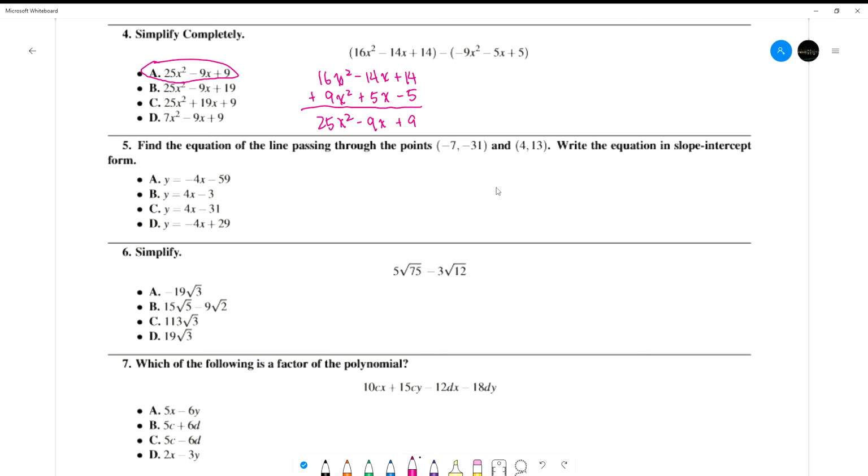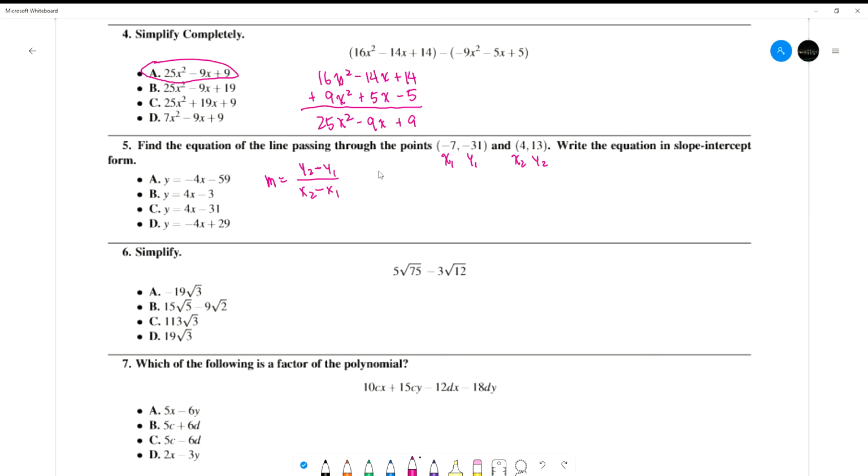Okay, number 5. We just did a problem like that, right? Okay, so let's see here. We can say this is x1, y1, x2, y2. I know slope is y2 minus y1 over x2 minus x1.